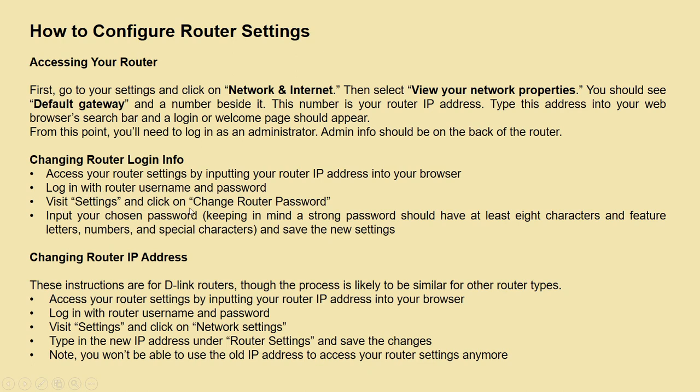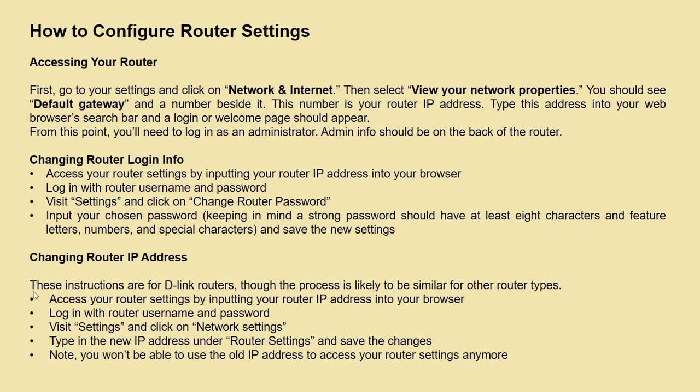Visit settings and click on change router password. Then input your chosen password, okay, and save the settings. And remember that a strong password should have at least 8 characters, and feature letters, numbers, and special characters, okay.